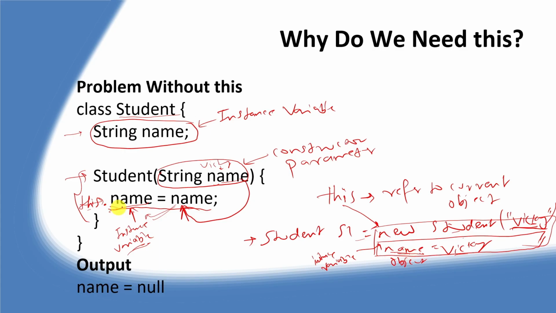But here, to distinguish between this name and name, we use the this keyword. So this will refer to the current object. This is the current object. And how do we access the instance variable? Using the dot operator. So this dot name equals name.